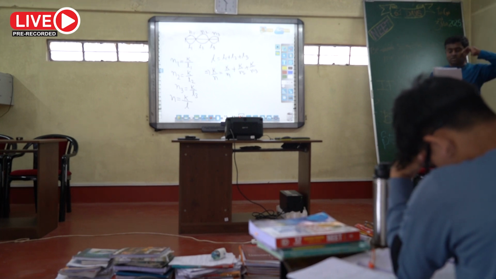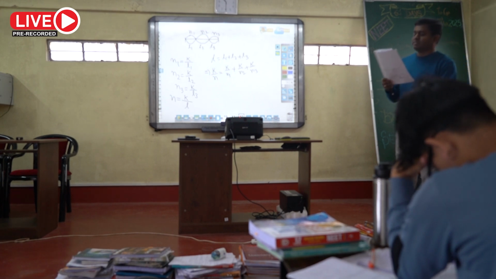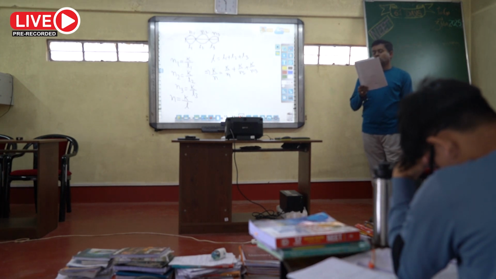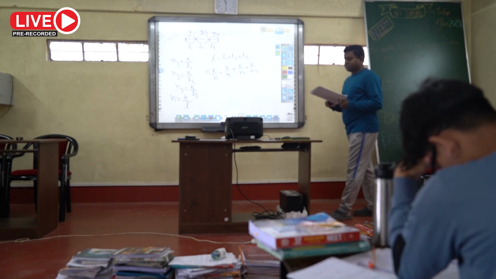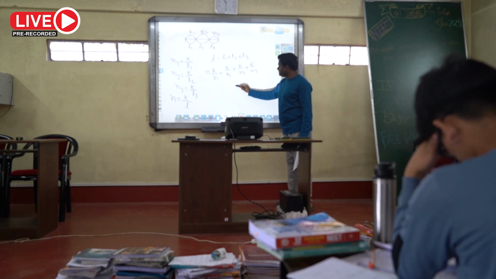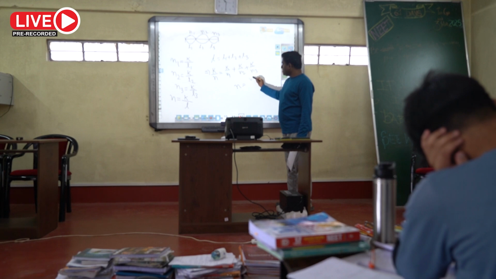The number of possible natural oscillations of an air column in a pipe closed at one end of length 85 cm whose frequency lies below 1250 Hz is... First calculate the fundamental frequency of this pipe. Fundamental frequency of this pipe N is V by 4L.